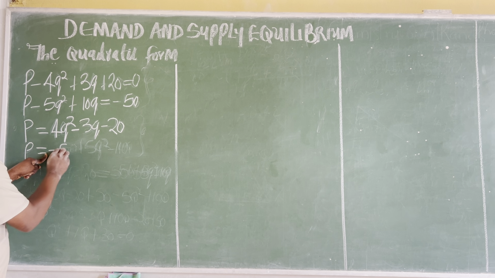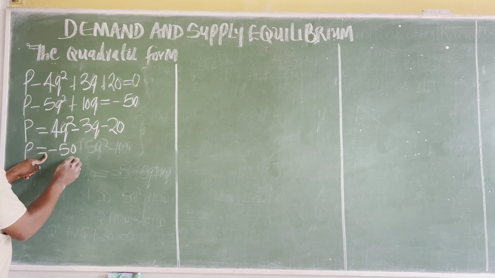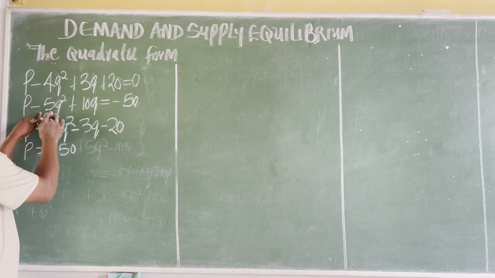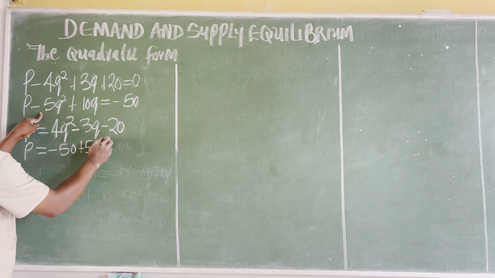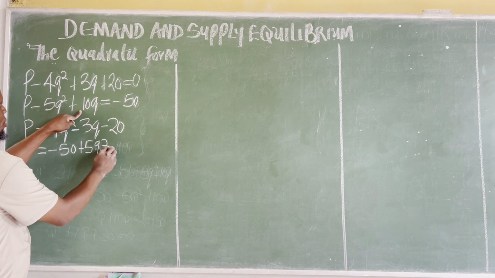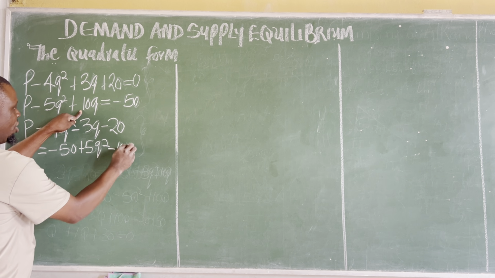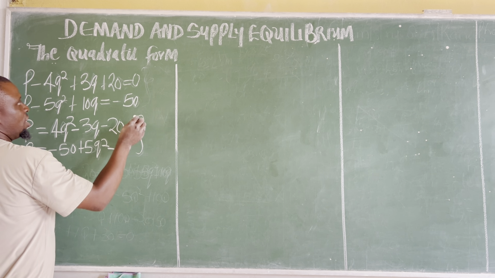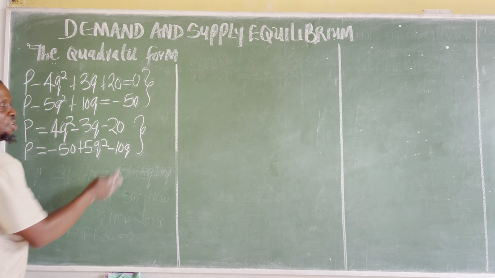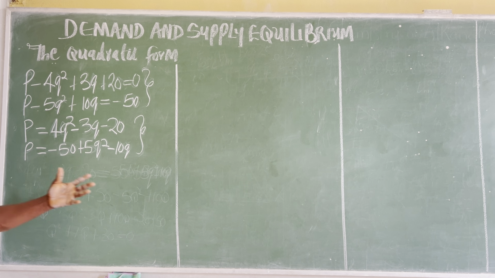We have minus 50. Then this minus 5Q square will cross to the other side, and then we'll have plus 5Q square, and then this will be minus 10Q.